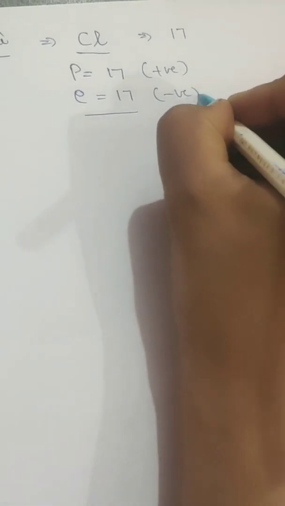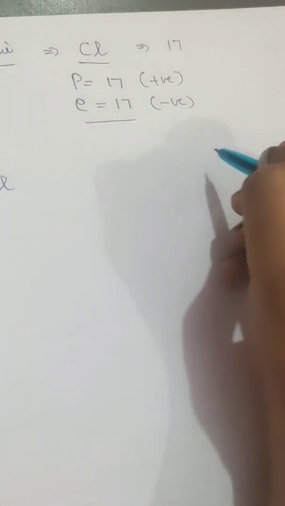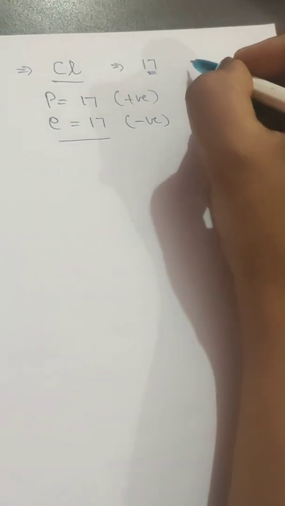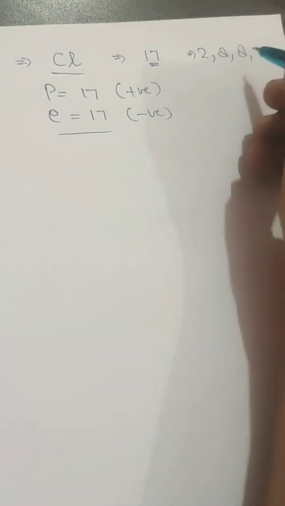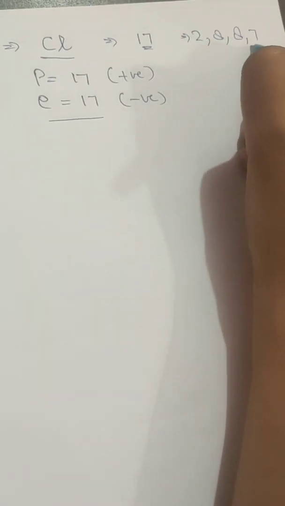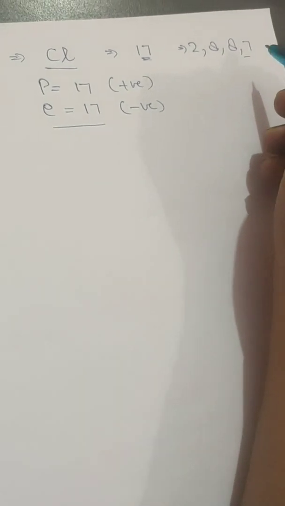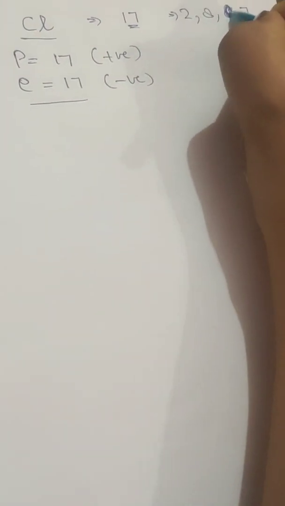This is the positive charge and this is the negative charge. Now this chlorine has 17 electrons, so its configuration is 2, 8, 7.